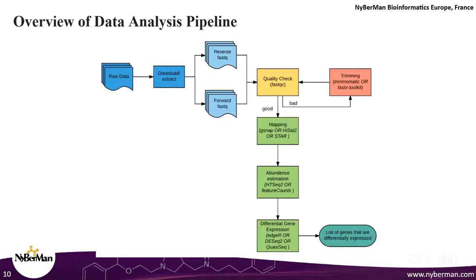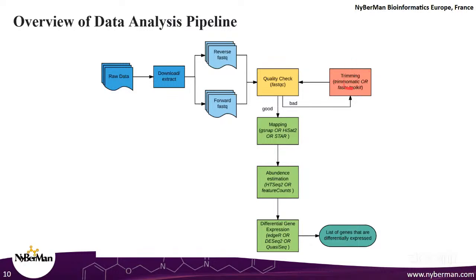But the idea is it is possible for you to increase the quality of your data computationally by getting rid of the bad quality data from your files using something known as trimming. This is performed by tools such as Trimmomatic, which is something that we will do hands-on.